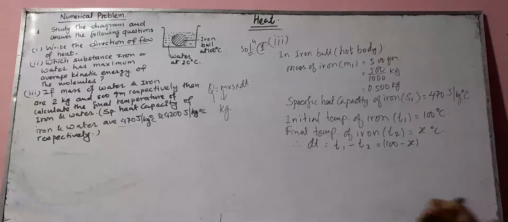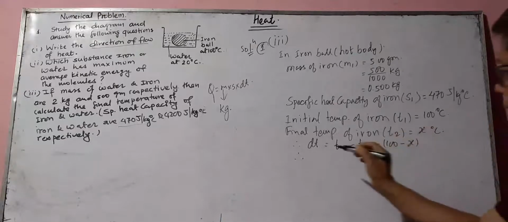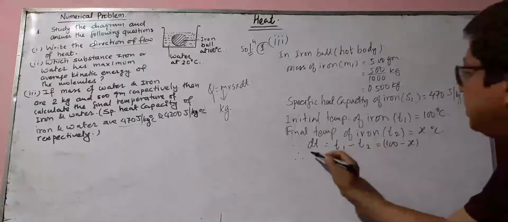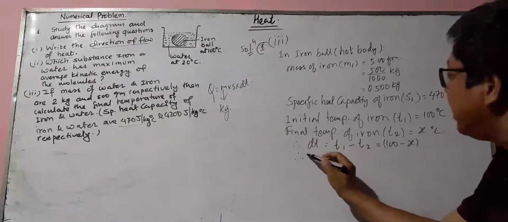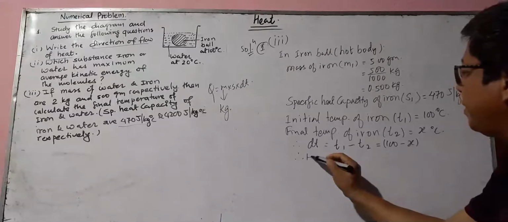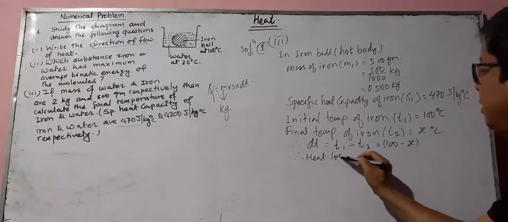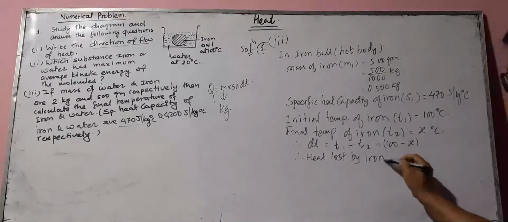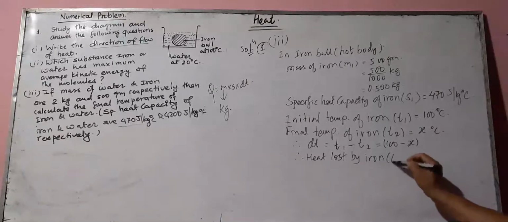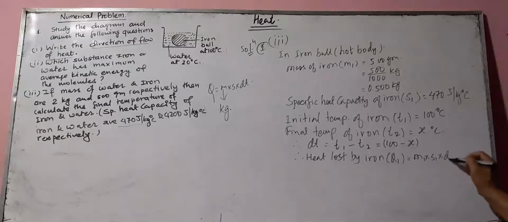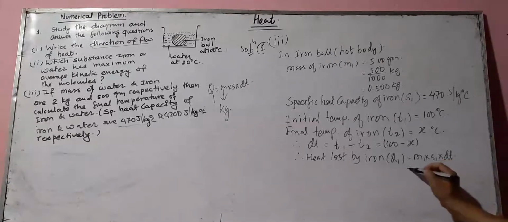Now by the heat equations, we know the heat equations. Heat lost by the hot body, or iron, that is Q1, equals M1 into S1 into dt1.